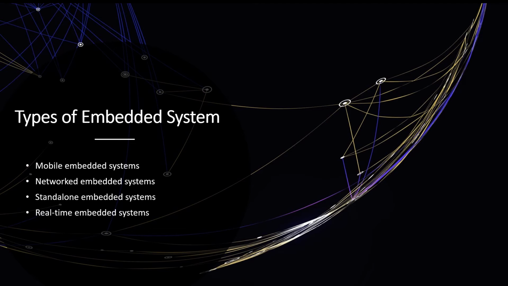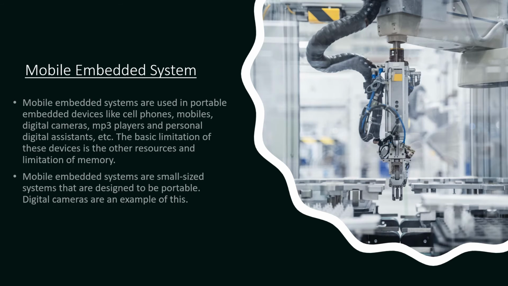There are four types of embedded systems: mobile embedded, network embedded, standalone, and real-time embedded. What is mobile embedded? As the name suggests, mobile systems are typically portable and compact in size.